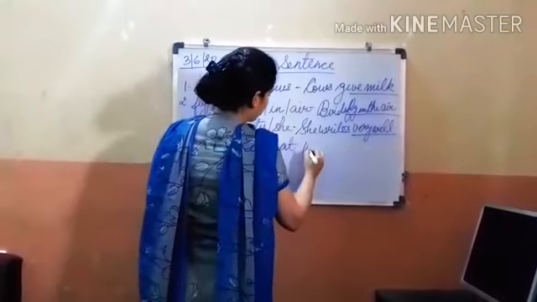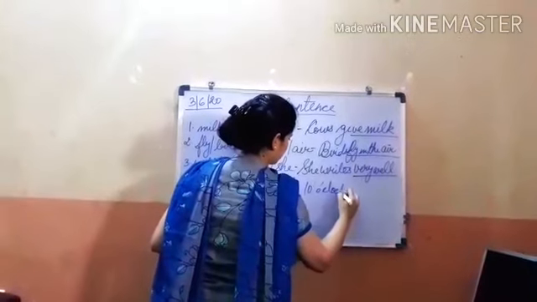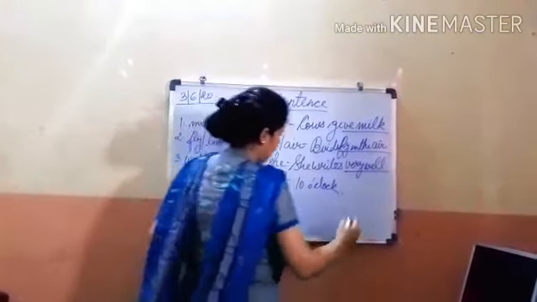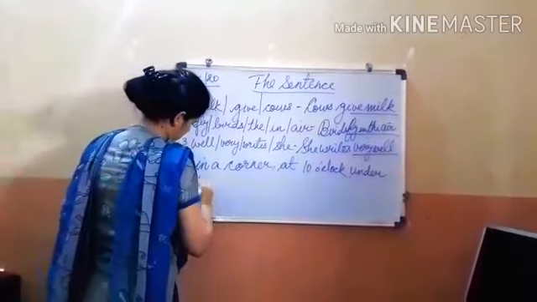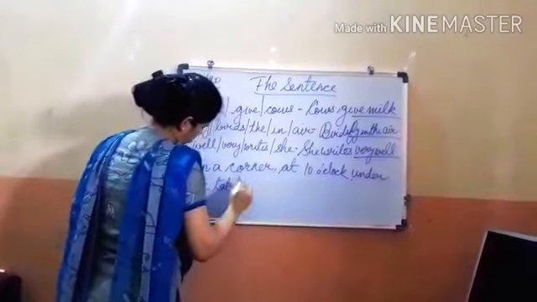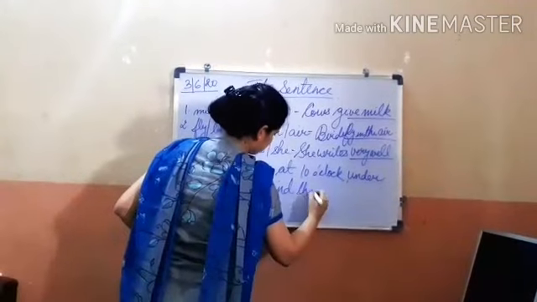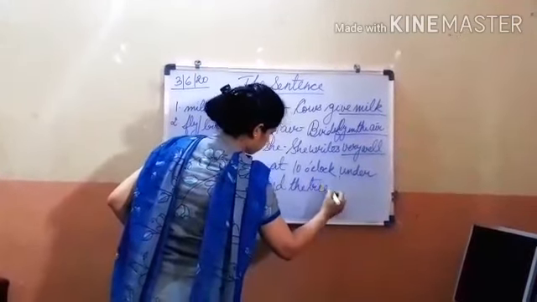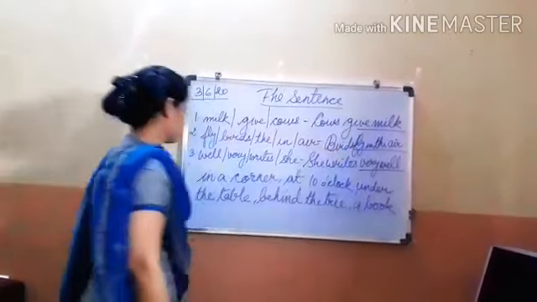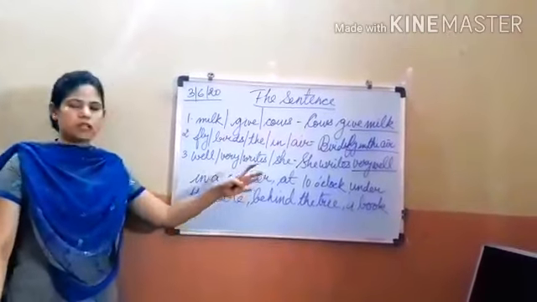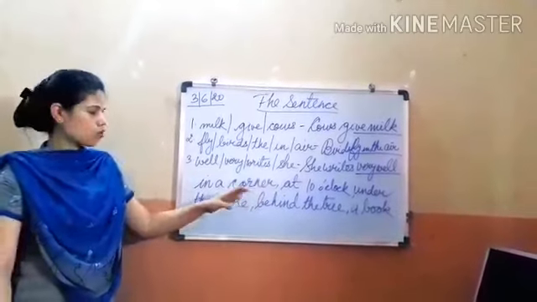A few more examples of phrases we can see here: in a corner, at 10 o'clock, under the table, behind the tree, a book. These are all groups of words, but none of them gives a complete sense. That's called a phrase.